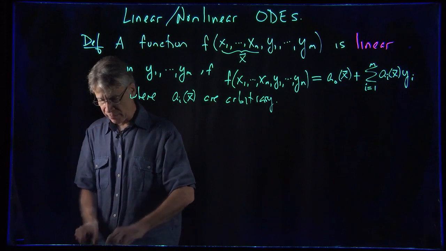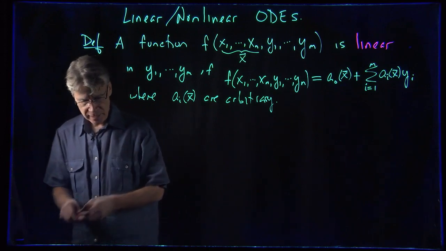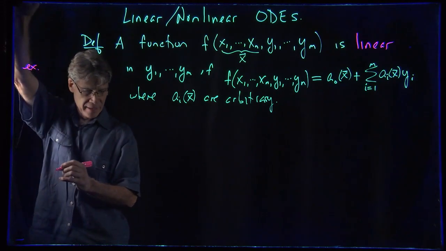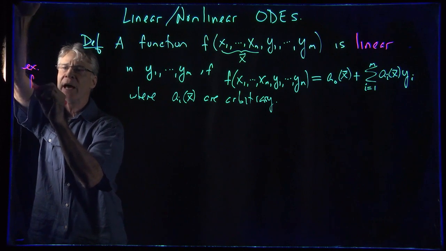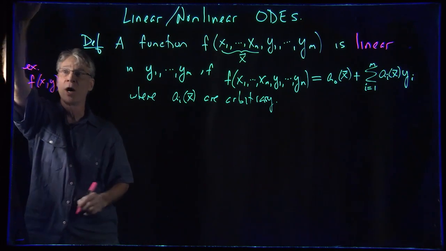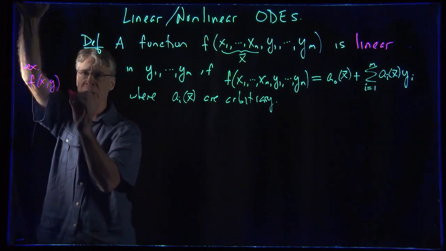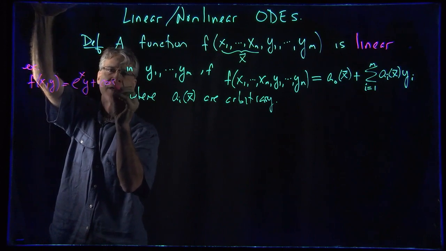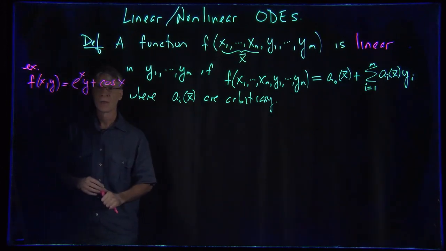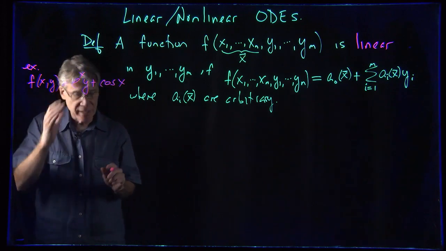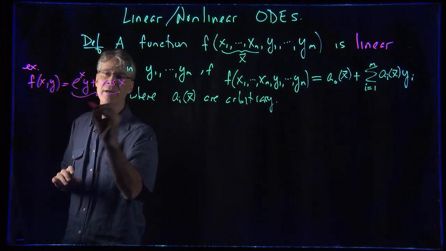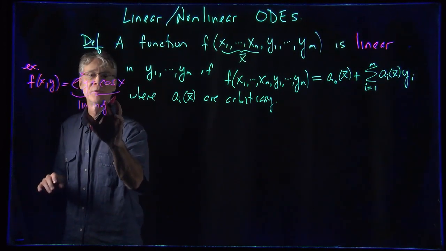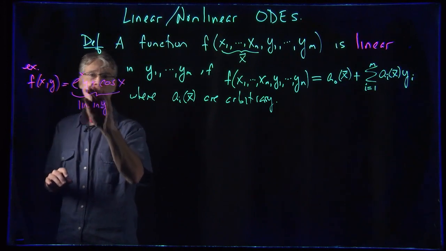So to do a very quick example, here's an example which I'll do right over here on the edge. If I have a function f of x and y, and that function looked like the following, e to the x times y plus cosine x. Okay. This function actually is linear in y because the y shows up just by itself in one of the expressions.